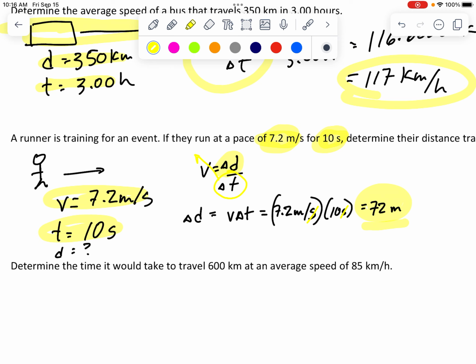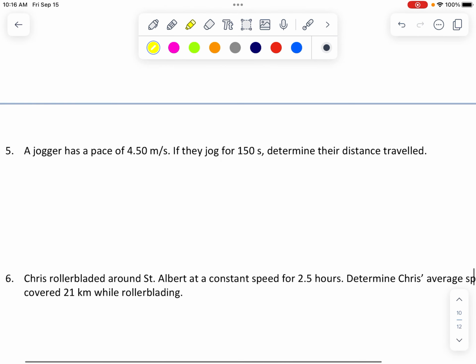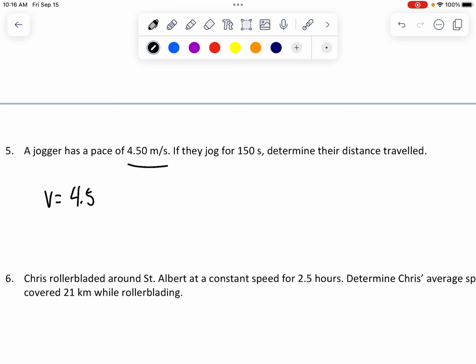So if I was going to go to this question, I have been given meters per second. That's a speed, so 4.50 meters per second, and then they give me a time of 150 seconds. So I've got v equals d over t, and I want to solve for d.